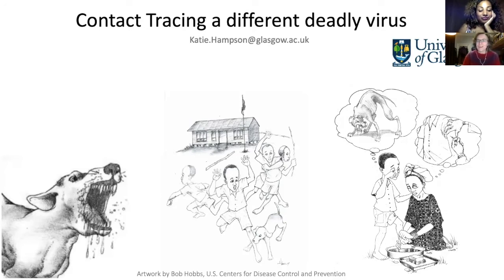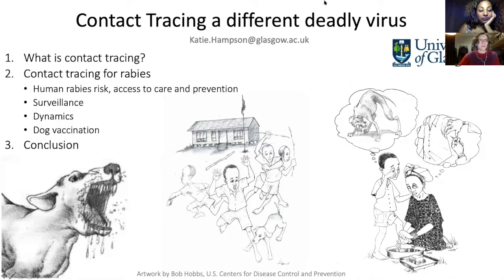I'm going to tell you a little bit about what I've been doing together with a large team in Tanzania for almost 2 decades now, and some of the lessons that I think we've learned about rabies from doing contact tracing. The structure of my talk is basically going to begin with explaining what contact tracing is and how we've applied it to rabies.